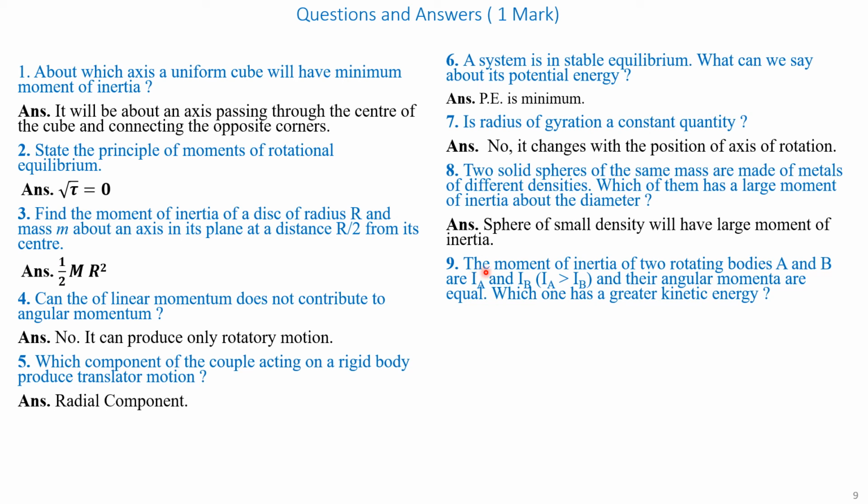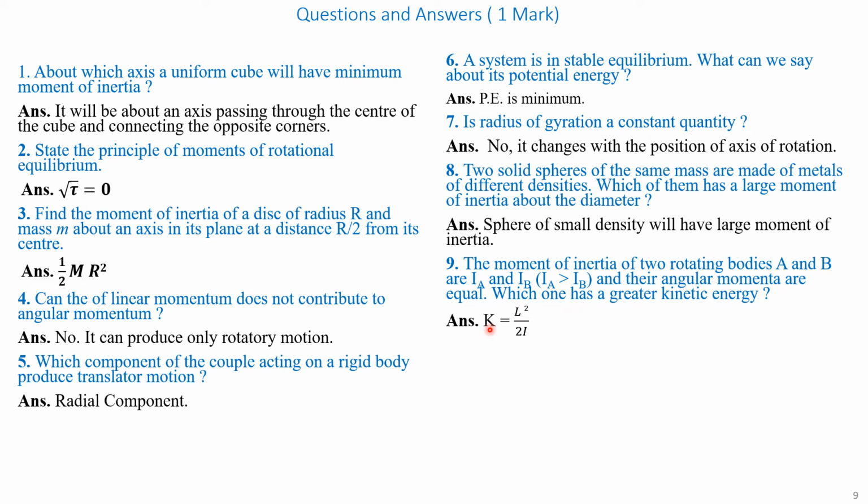Question number 9. The moments of inertia of two rotating bodies A and B are I_A and I_B, and I_A is greater than I_B, and their angular momenta are equal. Which one has a greater kinetic energy? Answer.